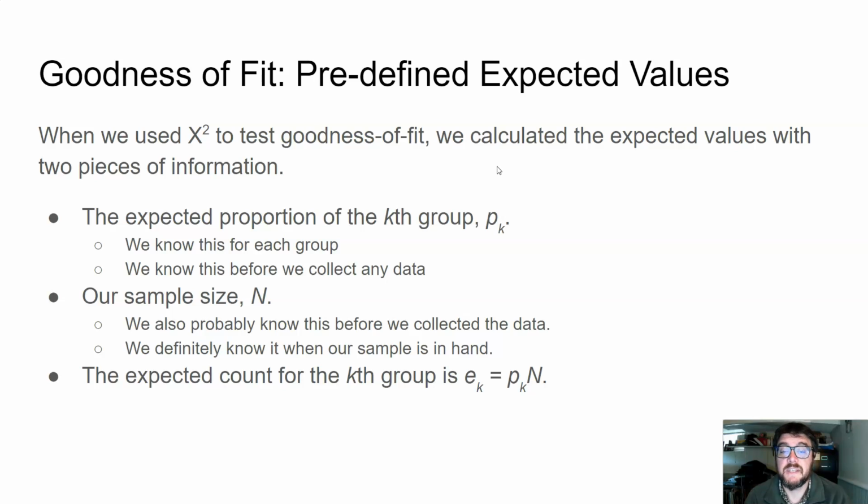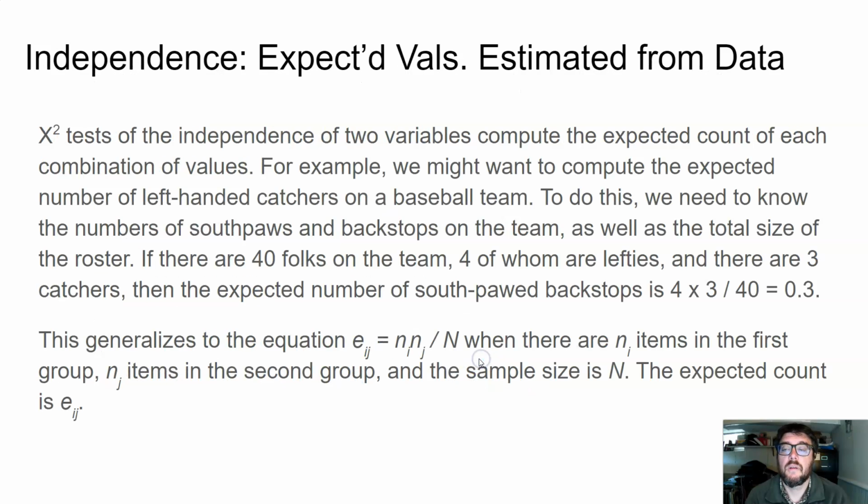So there's an expected proportion, we multiply that by our sample size for each group, and that gives us the expected count. For the chi-square test of independence, we use the marginal totals for each category and compute the expected totals for each combination of categories.